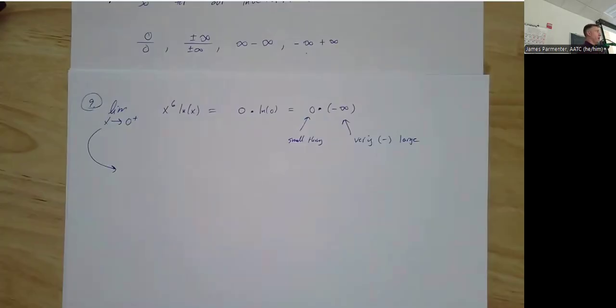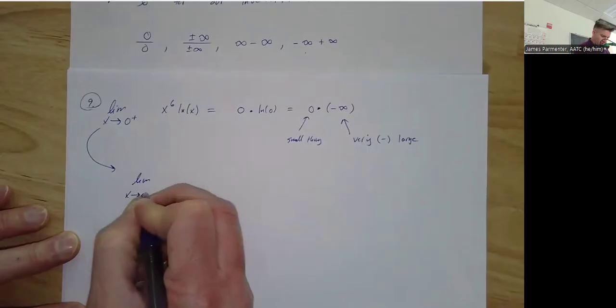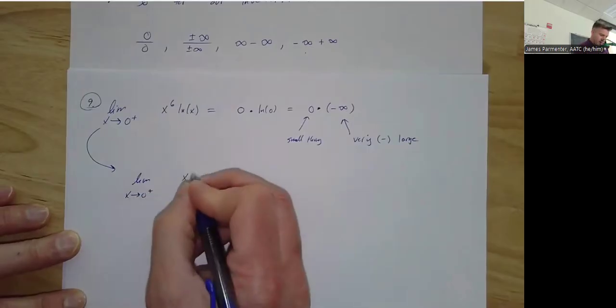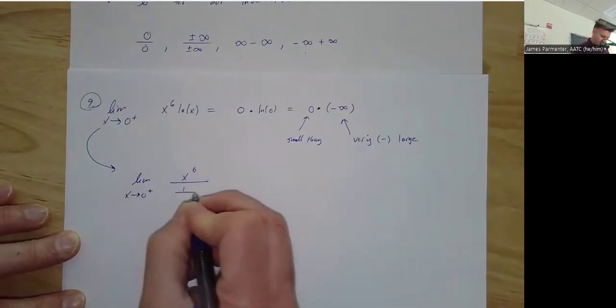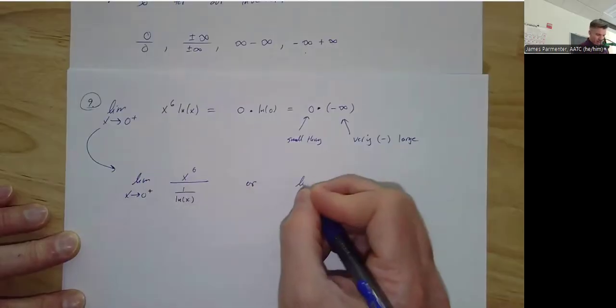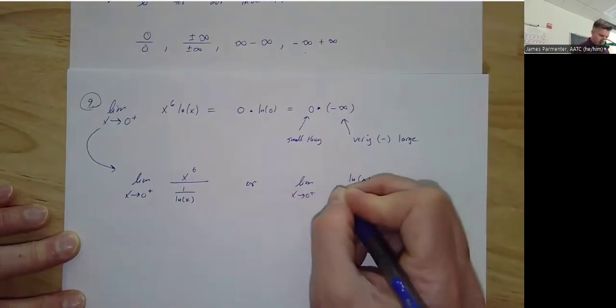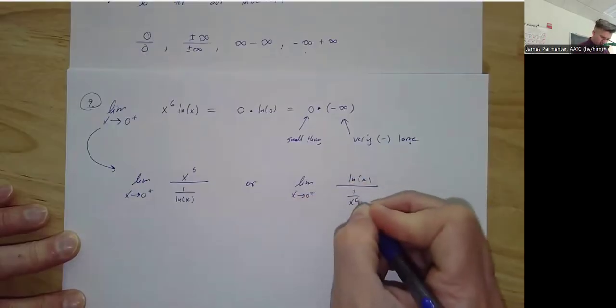And here's where you have a choice, and there's almost always a preferred choice. You can rewrite this as a fraction in one of two ways. You can either write it as the limit as x goes to 0 from the right of x to the 6th divided by the reciprocal of the other piece, or you can write it as the limit as x goes to 0 of natural log of x divided by the reciprocal of the other piece.